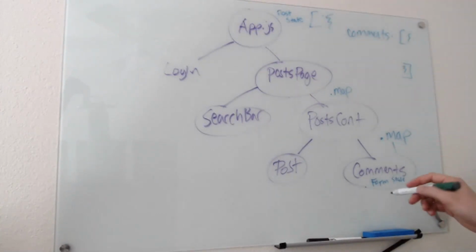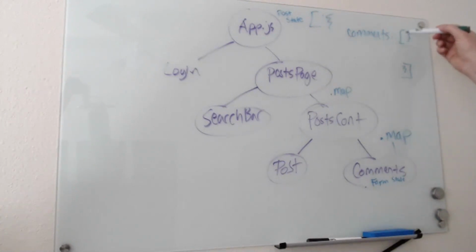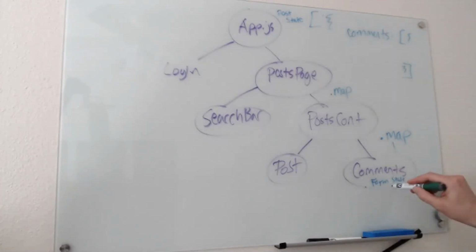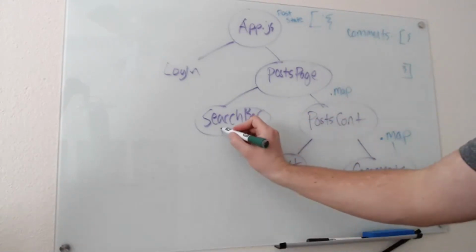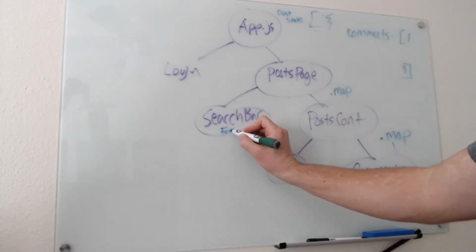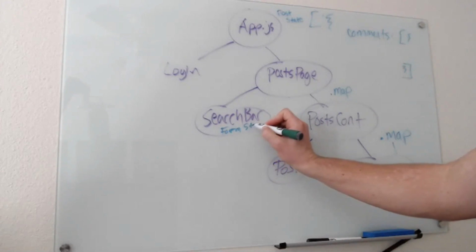So since I have a form here that's going to affect my comments, which is going to affect my posts array, then I need to somehow get my text from here, from my state management here, up to app.js. I've also got a form here, right?